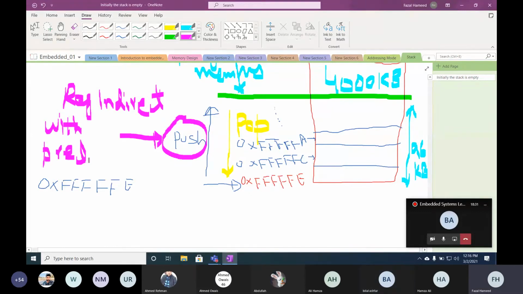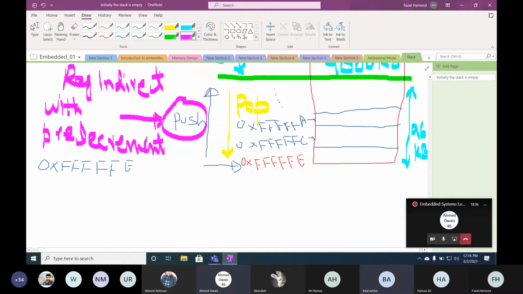Sir, first we have to decrease the address, then store the data. When we are pushing, we are subtracting the address, so the addressing mode used is register indirect with pre-decrement. And when we are popping, which addressing mode will be used? Register indirect with post-increment.